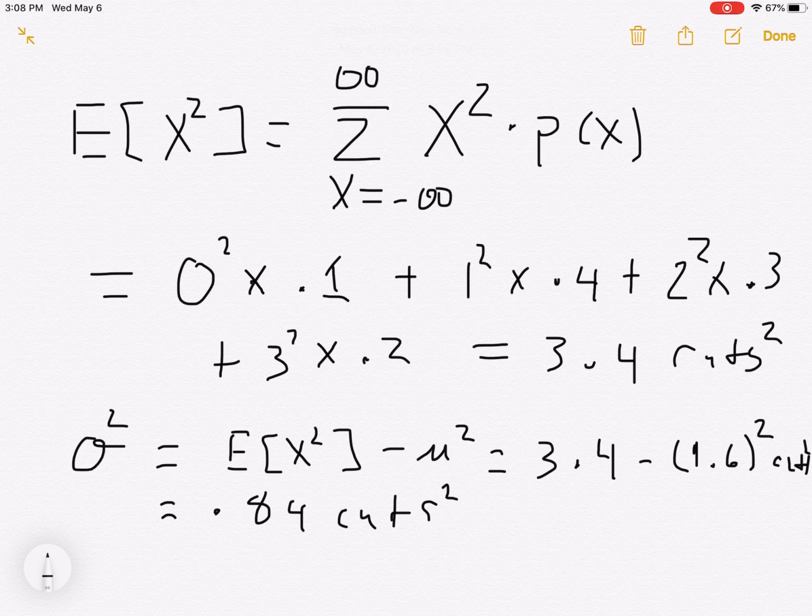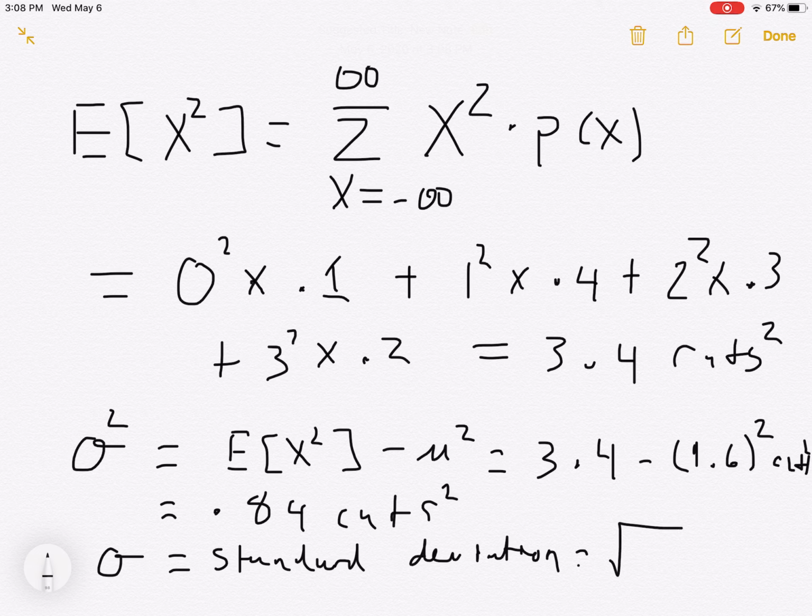If I want my unit just to be in cats, I have to take the square root. This is the standard deviation. And a big reason that we do this is because our answer is now going to be in units of just cats, and that is understandable. Now notice when you're doing these calculations, do not round. This is going to be 0.917, and that's just going to be a unit of cats.